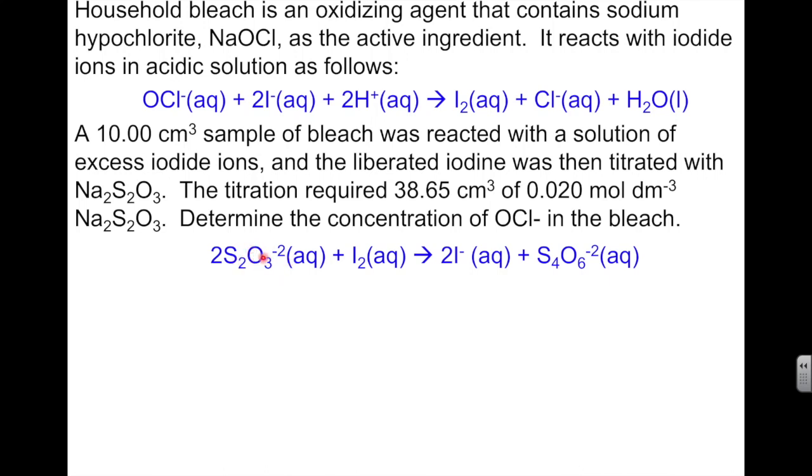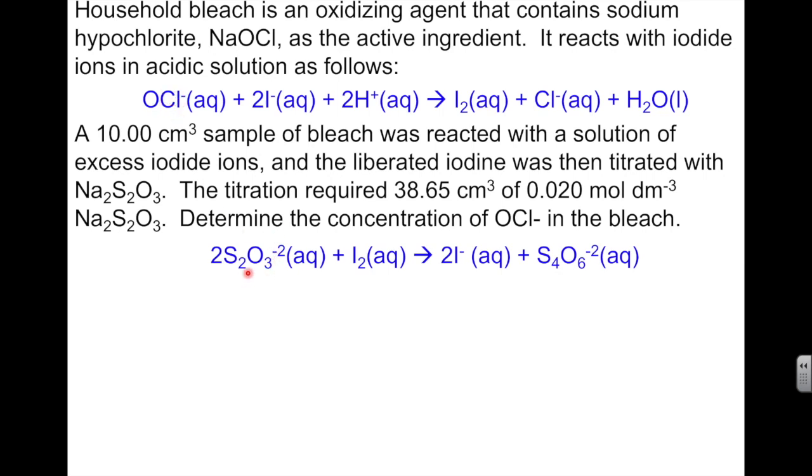From that we can figure out the moles of our titrant here, and then the moles of our iodine here, and then figure out the moles of our OCl minus.